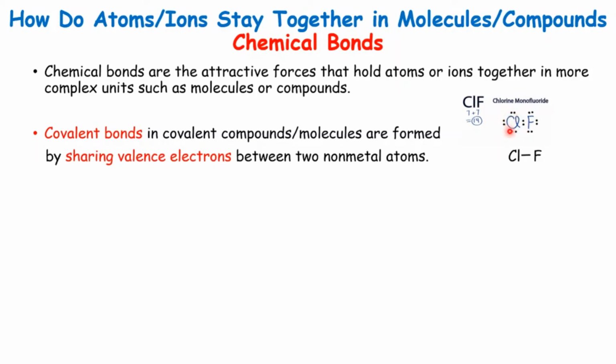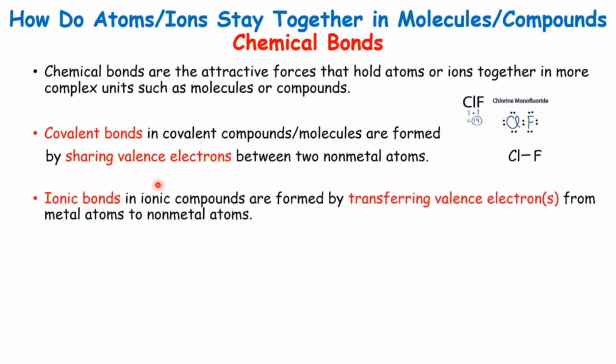They do not contribute to this Cl-F bond, so it's only these two. These 3 pairs of electrons on fluorine are lone pairs. So we have 6 lone pairs that do not contribute to this covalent bond, only this pair. So the mechanism is sharing valence electrons.